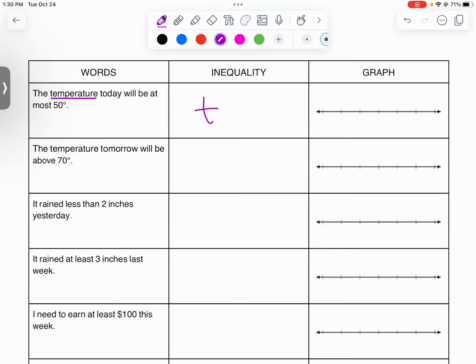So what did you say, less than or equal to? Do you agree with Austin? At most, less than or equal to? You agree, Kel? Are you still confused? So it can be 50 or it's going to be less.